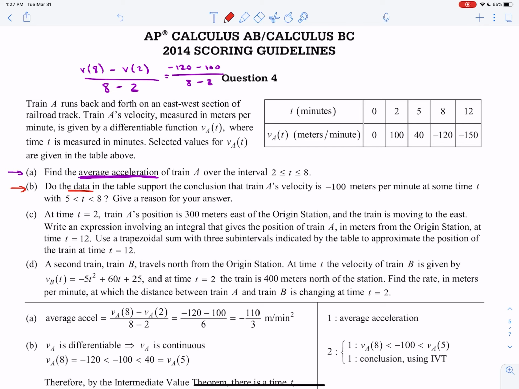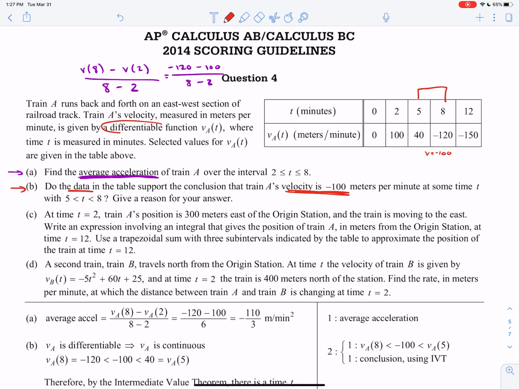The data in the table, they want to know if it's possible for the velocity to come out to negative 100 meters per minute. So we want to know, is it possible somewhere in between 5 and 8 that the velocity comes out to negative 100. This is only going to be possible if the function is continuous.